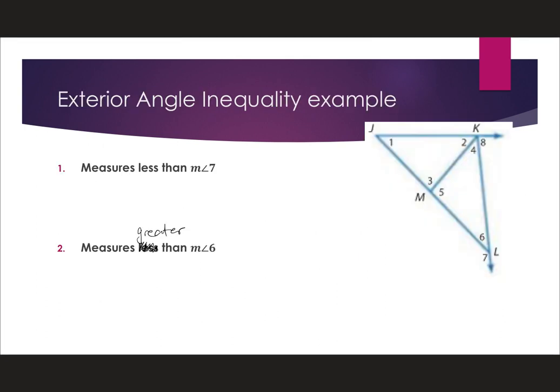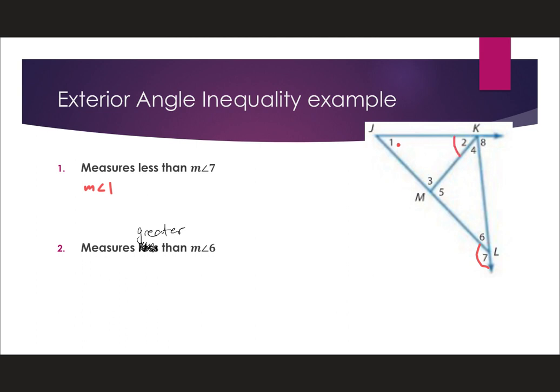So here we have in our first question, measures less than the measure of angle 7. So we want to know all the angles that are less than the measure of angle 7. Well, here's angle 7 right here. Okay, so we are looking for the remote interior angles. Well, if I'm looking at the big triangle, here's one remote interior angle, so measure of angle 1.